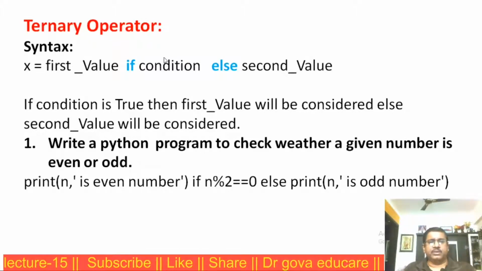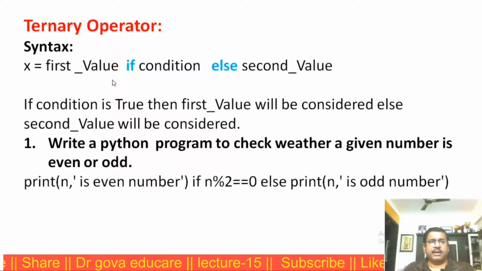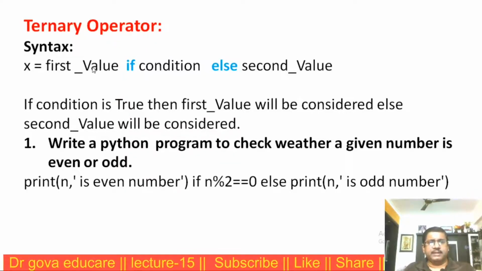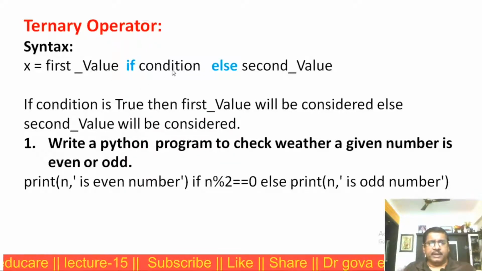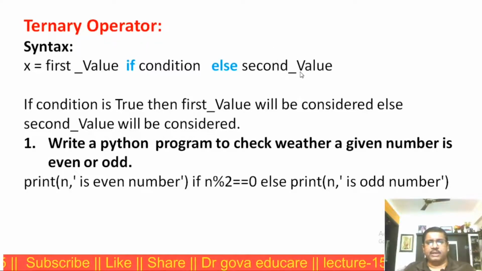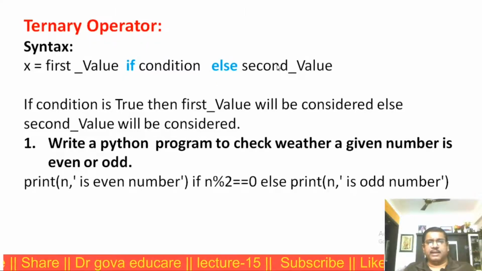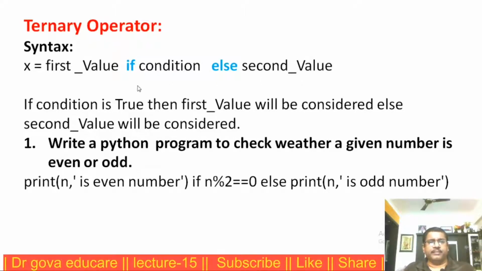If it is true, the first value will be assigned to x. If the condition is false, the second value is considered. This is the ternary operator.